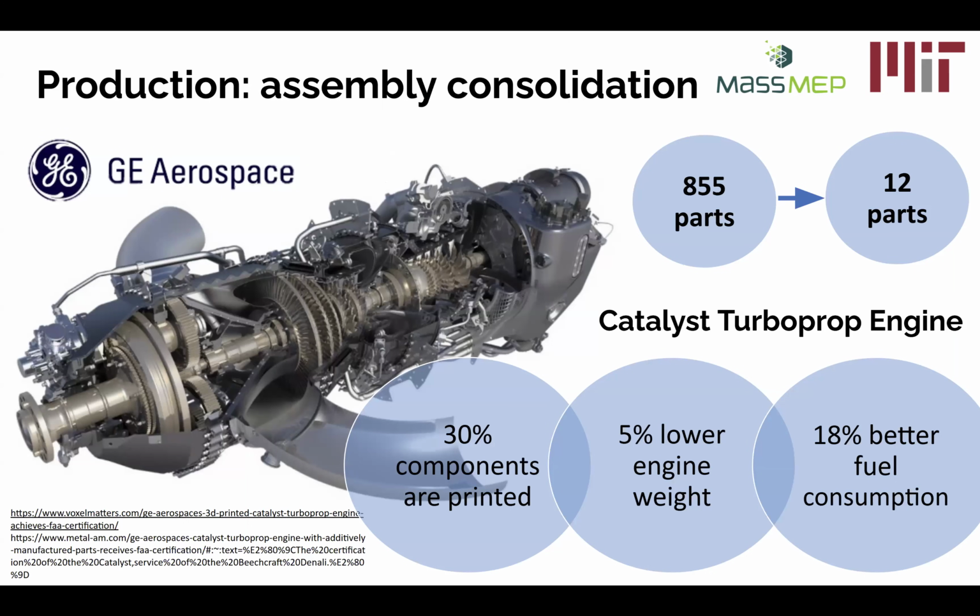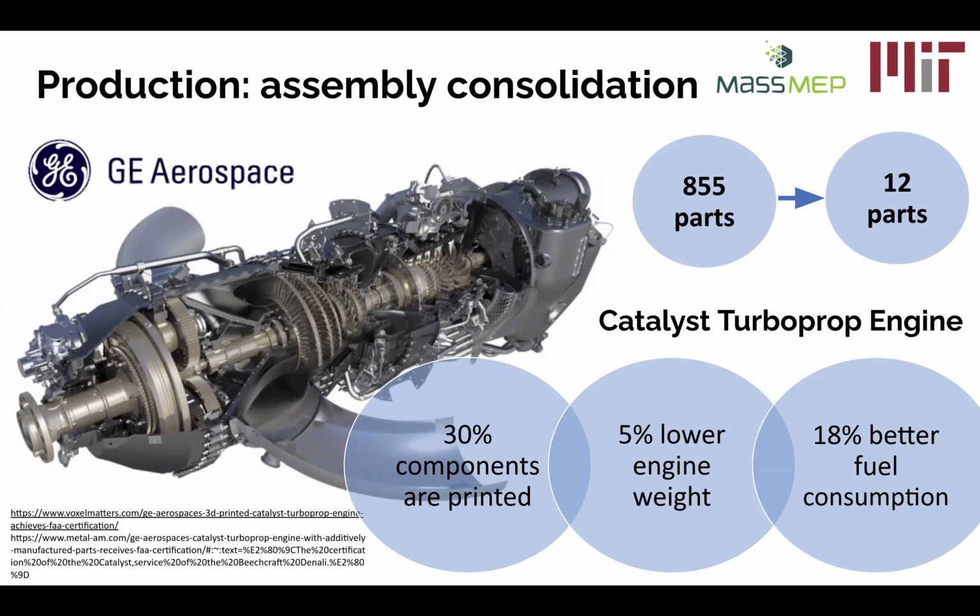Thank you. But I love these slides. It's probably one of my favorite applications because it's about assembly consolidation. GE Aerospace is one of the champions in showing very interesting parts where they have been consolidating components.